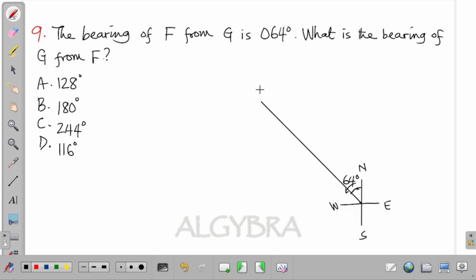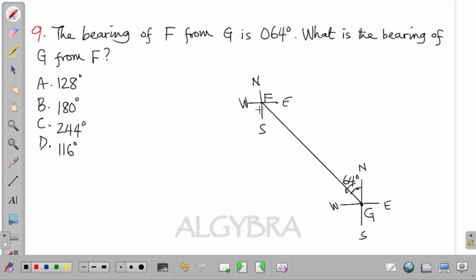Then this is point G, and here is going to be point F. So the bearing of F from G is 64 degrees.